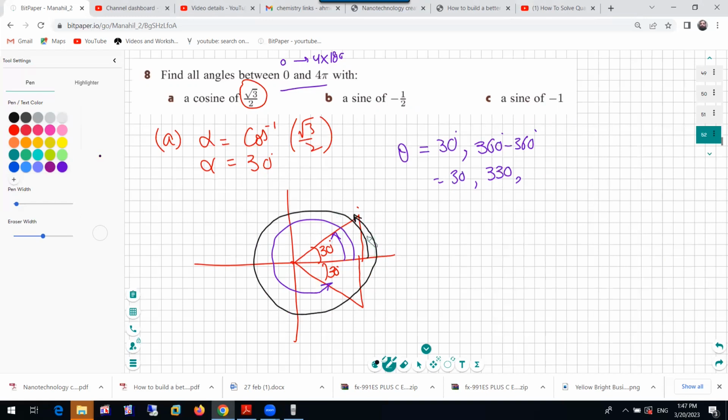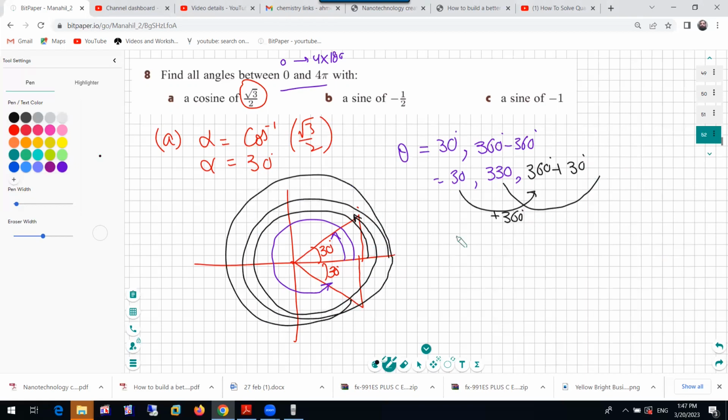So obviously it's 360 plus this. So the third value will be 360 plus 30. Similarly, if I add 360 to this value to approach this line, because this is one rotation, 360, and then again this one, so 360 plus 330.